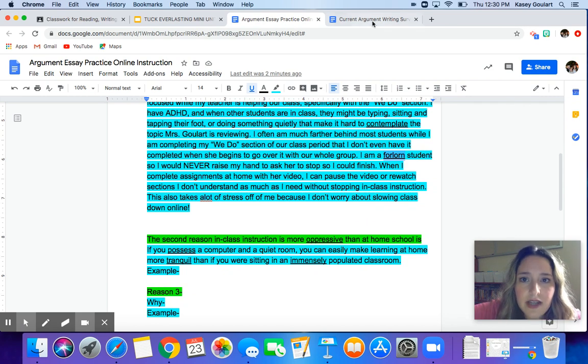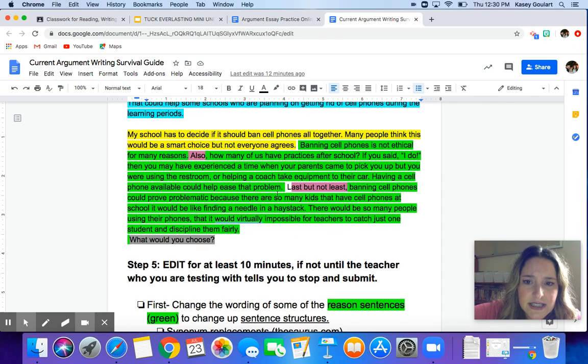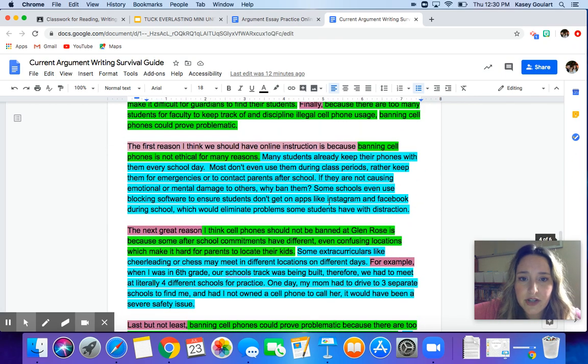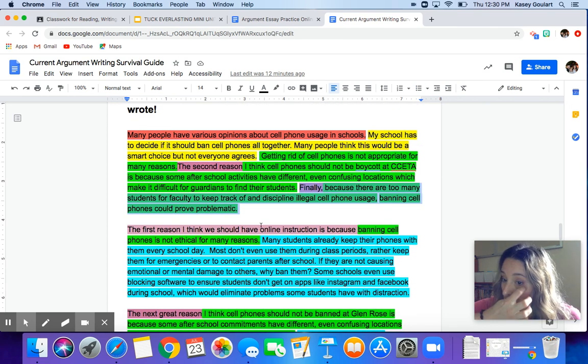How we made these super nice in our introduction practice yesterday, we switched the dependent clause to the very front, adding a transition, making it a complex sentence. That's great. If you can make complex sentences out of every single sentence that you write, awesome.